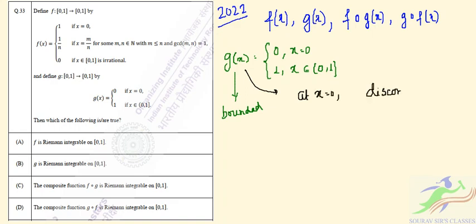So the number of discontinuities is finite. So these two conditions hold: g(x) is bounded and its discontinuities are finite.